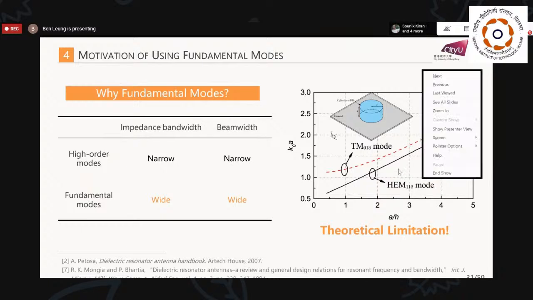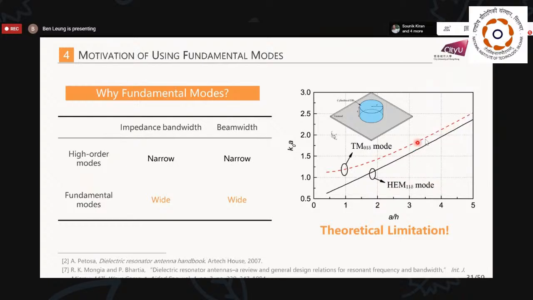Now, as we can see from this graph, the two modes do not have any intersection. But for the diversity design, we need to have the same operating frequency. So we cannot use these two fundamental modes directly.